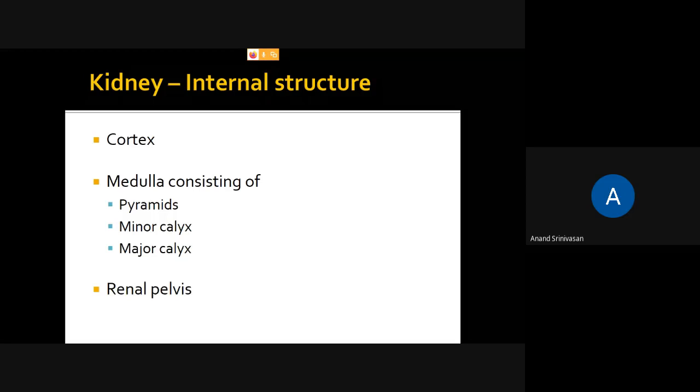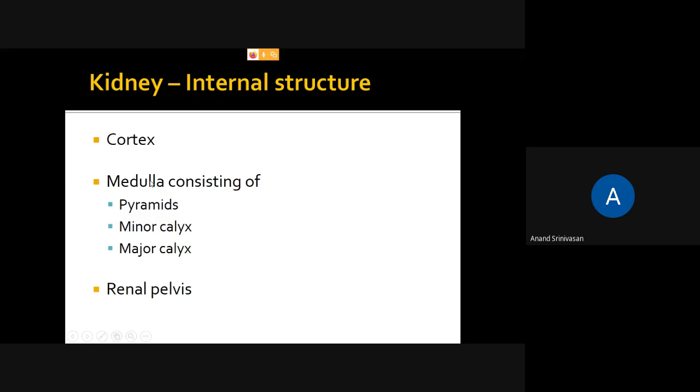All right, now let's see what is located inside the kidney. Inside the kidney, there is an outer structure which is called cortex and an inner structure which is called medulla.